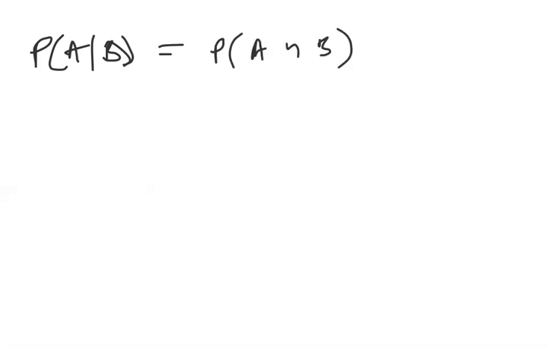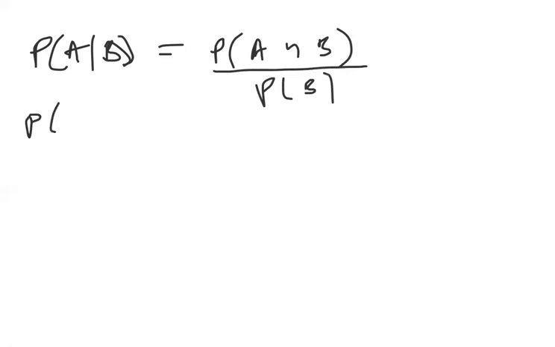If you remember, the conditional probability of A given B is the same as the probability of A intersection B over the probability of B, right?